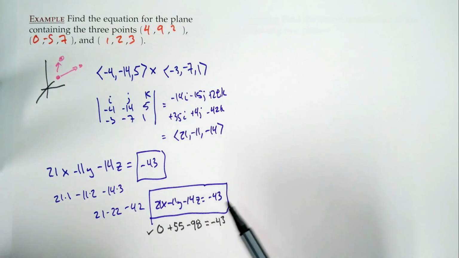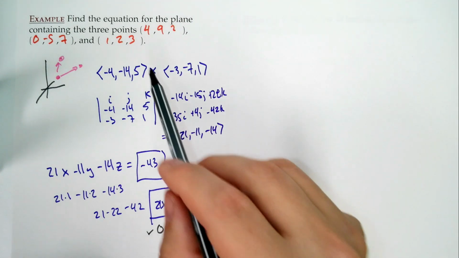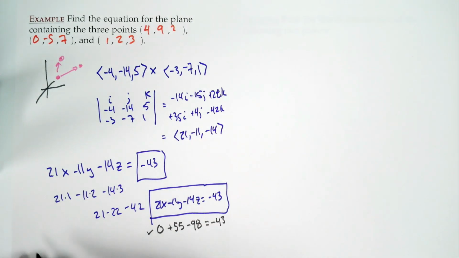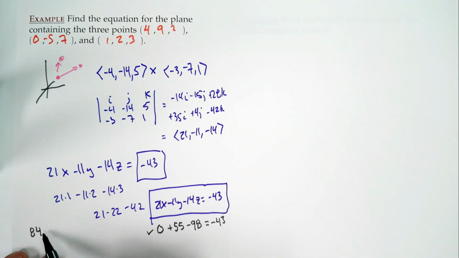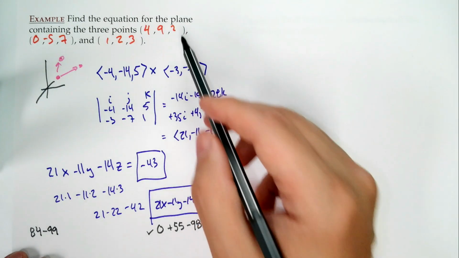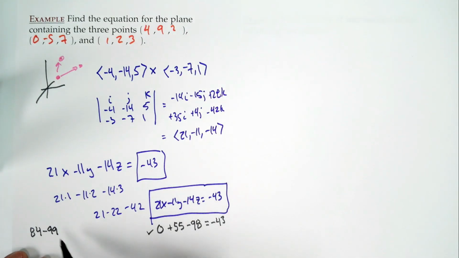And similarly, if you're very patient, you plug in 4, 9, 2. 21 times 4, that's 84, of course. 11 times 9, negative 99. And 2 times 14, negative 28. So what do you have? Well, we have 84 minus 99 minus 28.